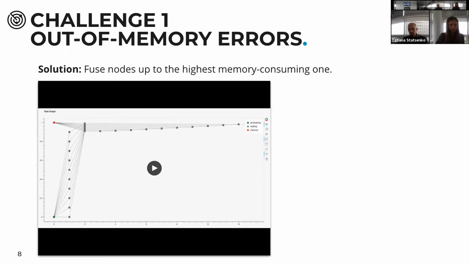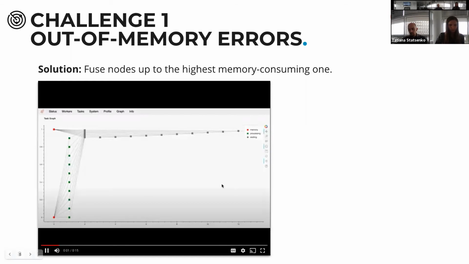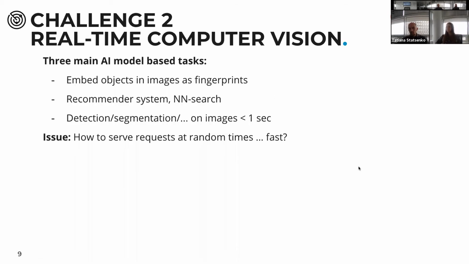So we move on to challenge 2. As introduced, we have these two challenges that fight each other: batch processing when it's needed and real-time when it's also needed. And real-time for us means low latency tasks, always available.